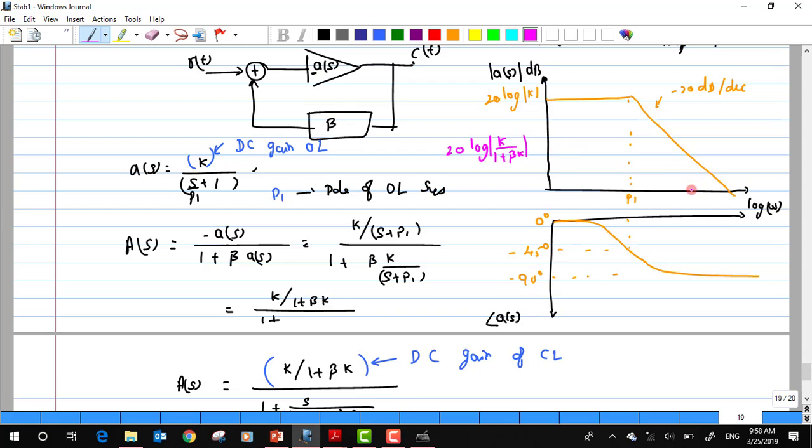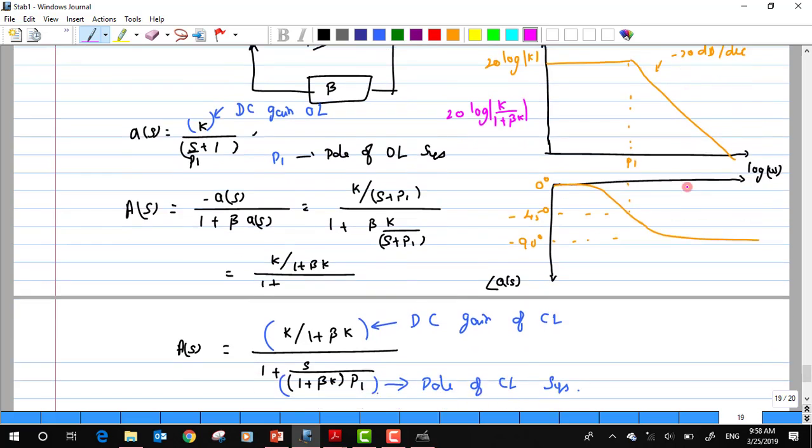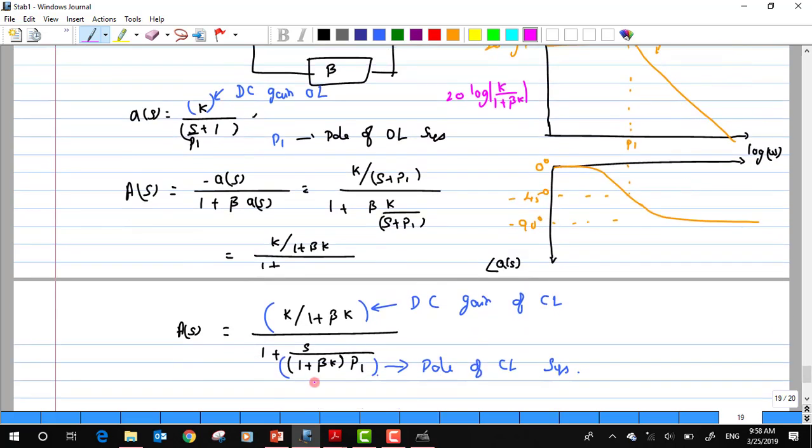And where is my pole? The pole of my closed loop system, what is the value of it? This is the location, right? So it has actually been pushed somewhere over here, and the new value of this pole is shifted here.